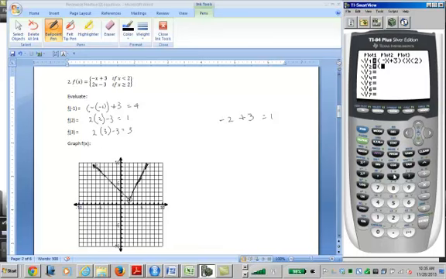Okay, open parenthesis, 2x minus 3, close parenthesis, open parenthesis, x, second math, greater than or equal to, that's 4, greater than or equal to 2, close parenthesis. Let's double check. Negative x plus 3, x is less than 2, 2x minus 3, x is greater than or equal to 2, and let's graph it.